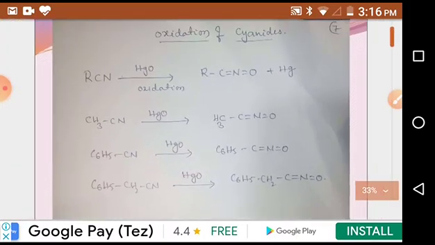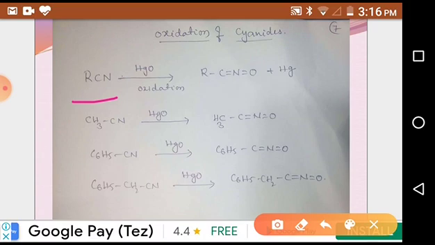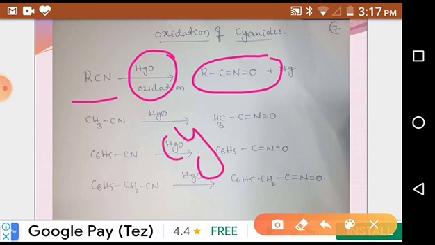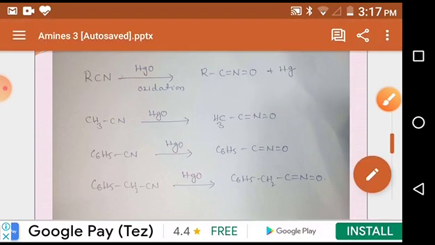Oxidation of cyanides. Alkyl cyanides react with mercuric oxide, HgO, and undergo an oxidation reaction, giving cyanates.